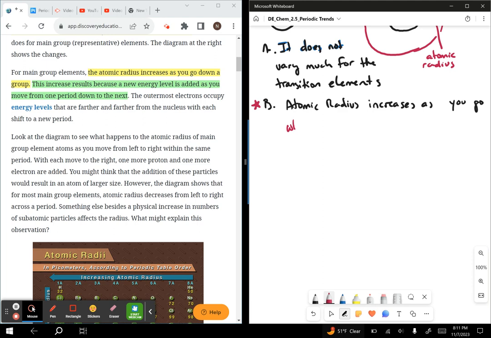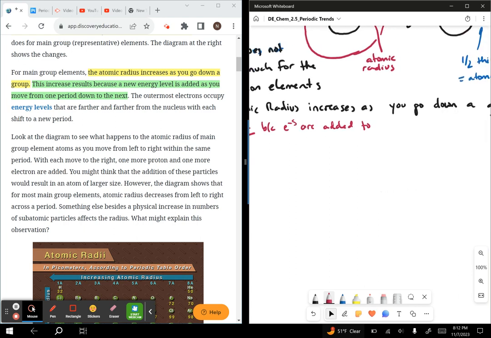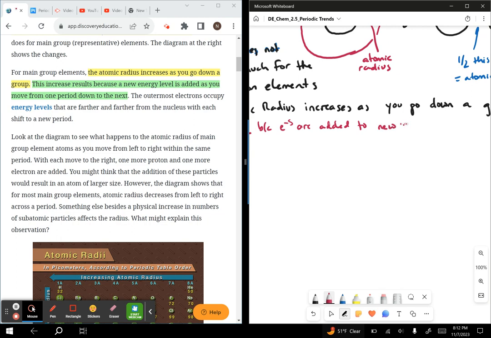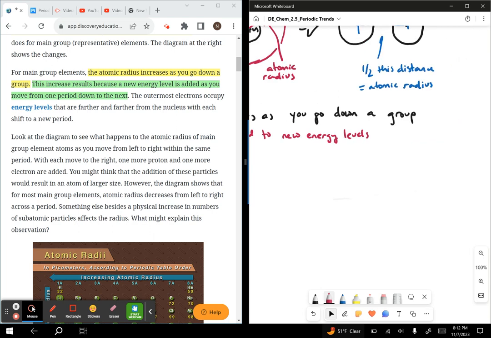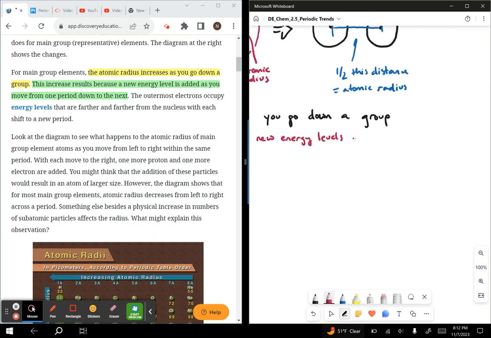Because electrons are added to new energy levels, and each energy level is further and further from the nucleus.